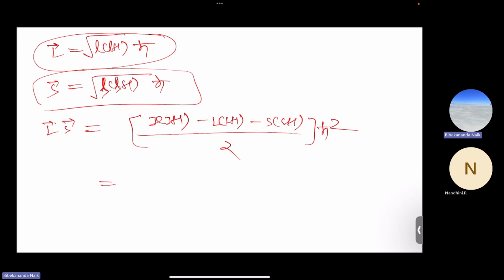Now if we put all these values, like J equals 1/2, L equals 1 and S equals 1/2.